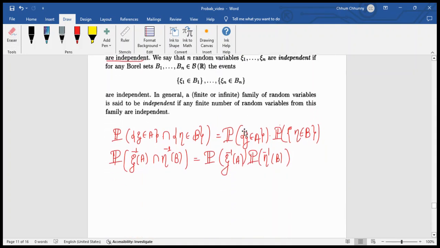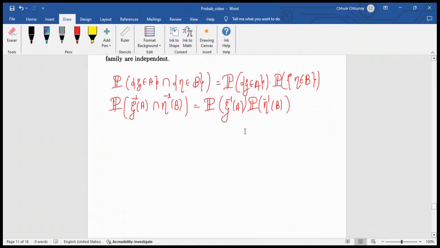Okay, and moreover, we can get some consequences from this definition.